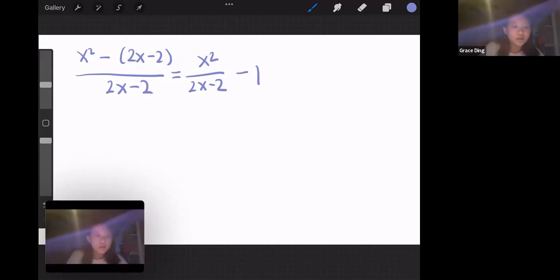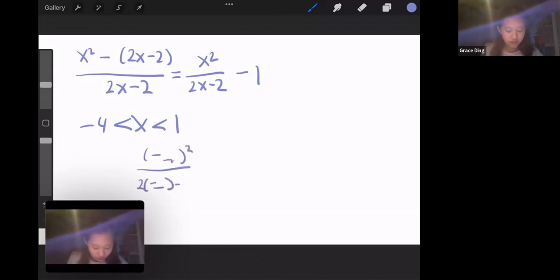Yep. So what you said is that x must be less than 1 but greater than -4. So if we choose a negative number between 0 and -4, we're going to have some negative number squared, and then there's going to be a negative number here, -2.